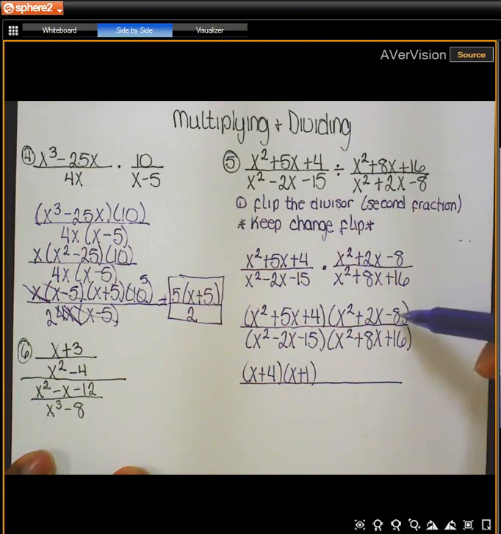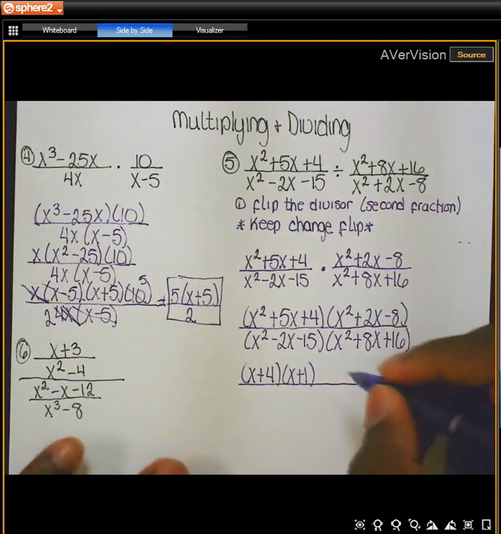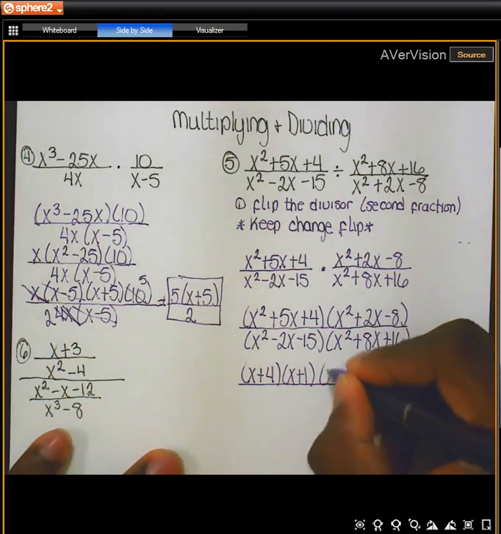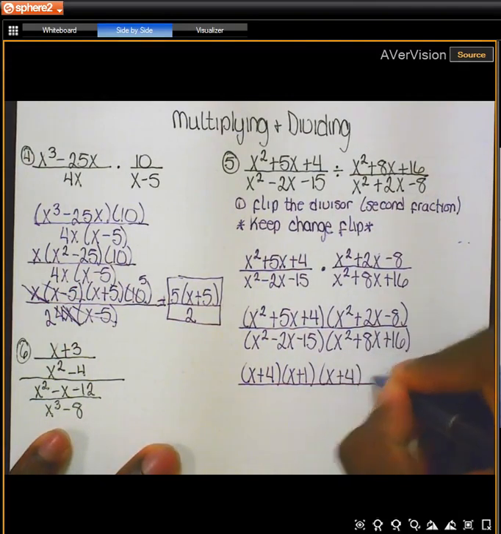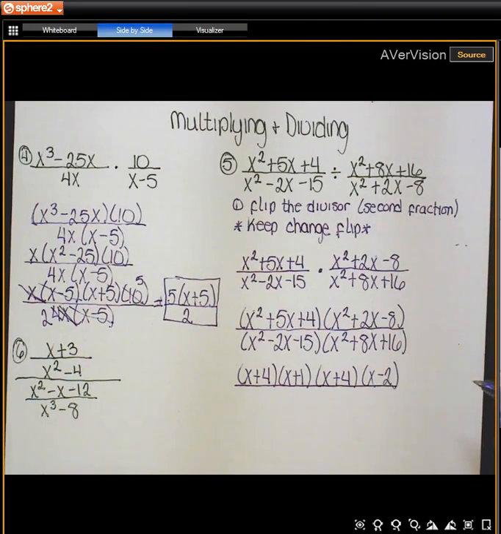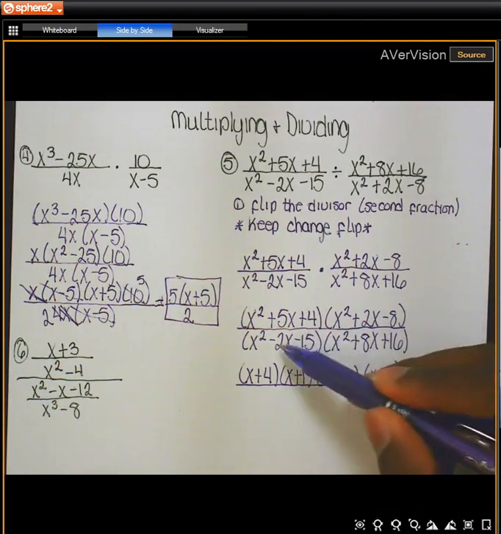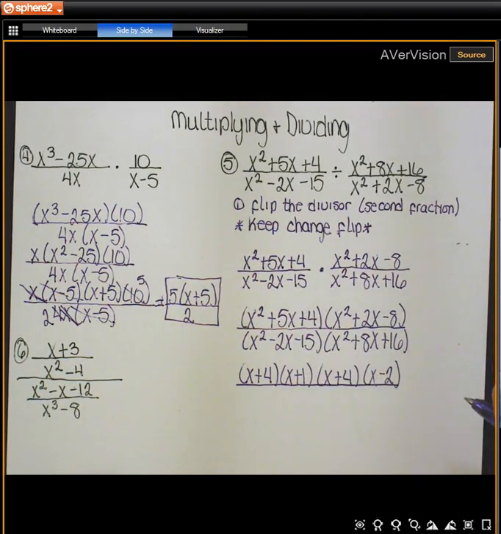Factors of -8 that combine to give us +2. Yes. All right, Ryan, you're done. Factors of negative 15 that combine to give us negative 2.